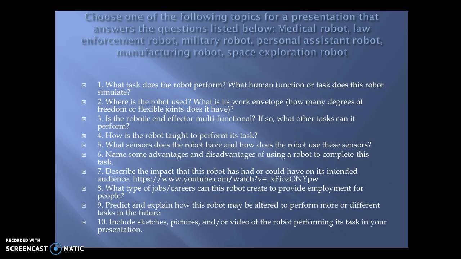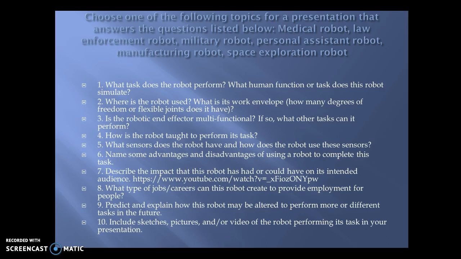In this presentation, you're going to pick a specific robot out of the categories that are listed above, both here on this slide and in the handout as well. The instructions at the top say choose one of the following topics for a presentation that answers the questions listed below.